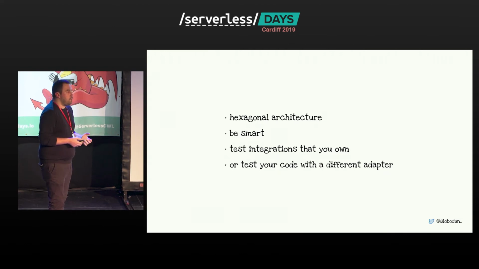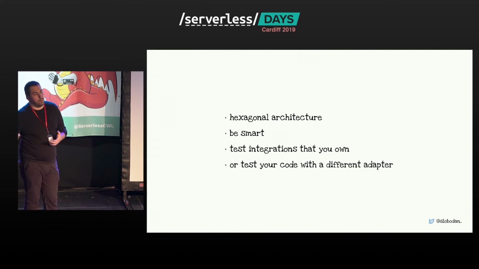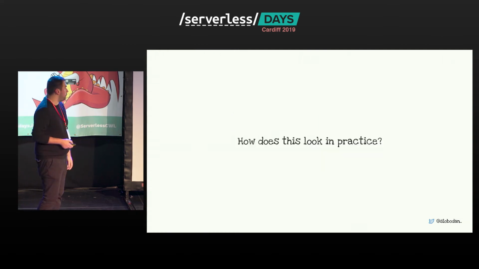For example, if you want to run 100 tests to check your payment system, you don't want to hit Stripe every time you run integration tests. Instead, you can have a different adapter that works similarly to the Stripe API and make sure that your application will talk to Stripe in a way that it should.